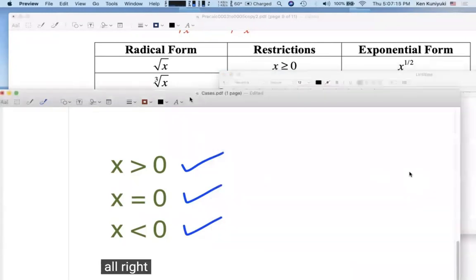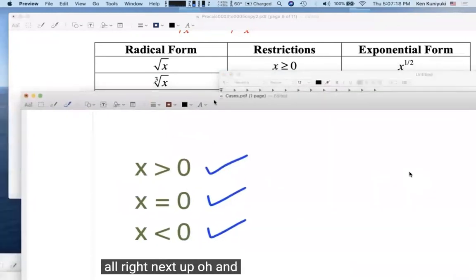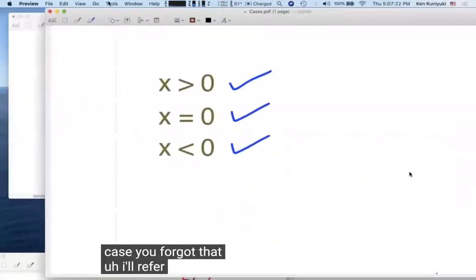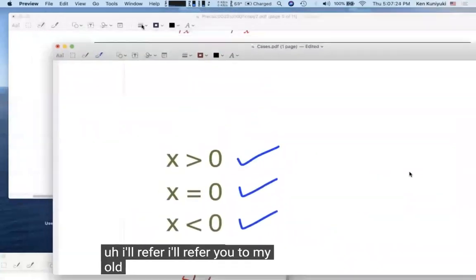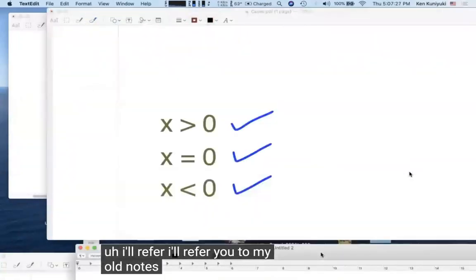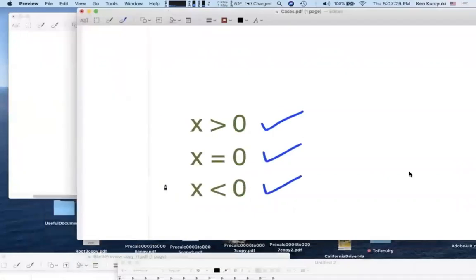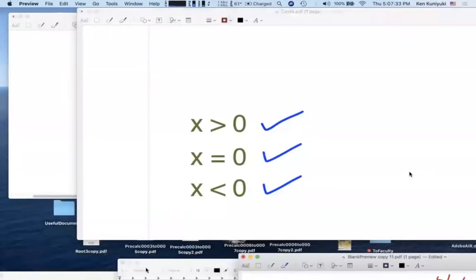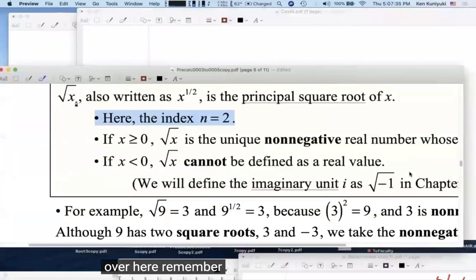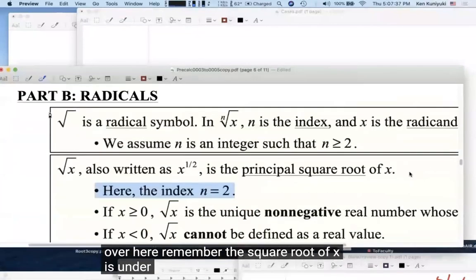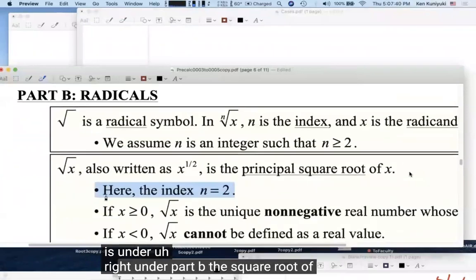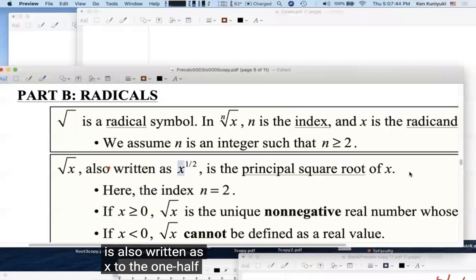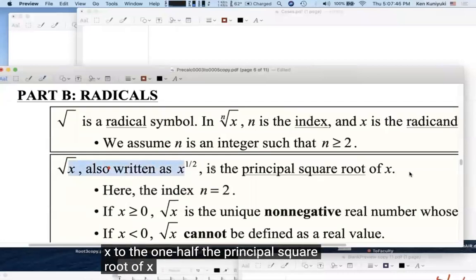All right. Next up. Oh, and by the way, in case you forgot that, I'll refer you to my old notes over here. Remember, the square root of x is under part B. The square root of x is also written as x to the 1/2, the principal square root of x.